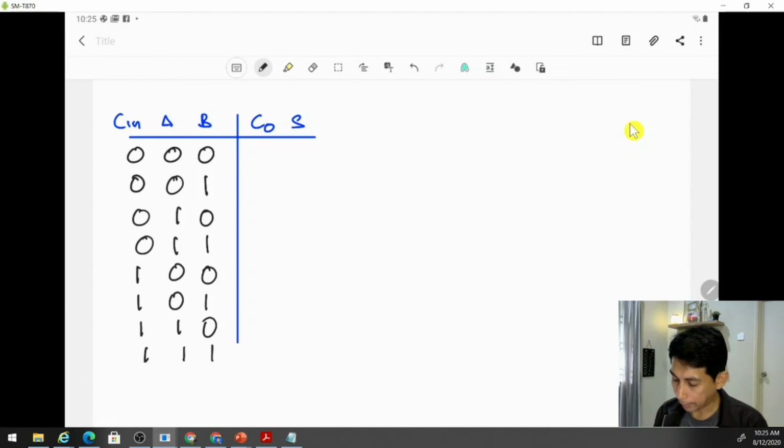The output for the first should be 0, 0: sum 0, no carry. Then sum 1, no carry.